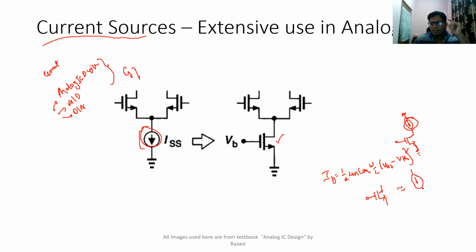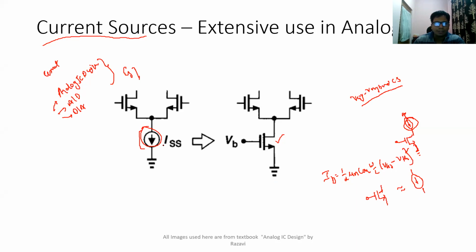But the problem is, even though it behaves like a current source, it's a very, very bad current source. We will come to this point, why it is a very bad current source. But before that, we have to understand that in order to make this current source, I need to bias this transistor.